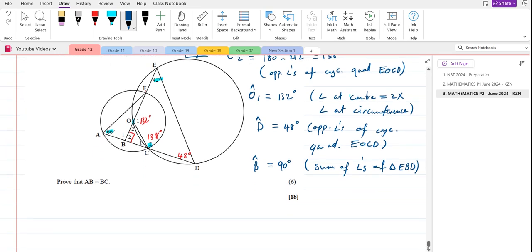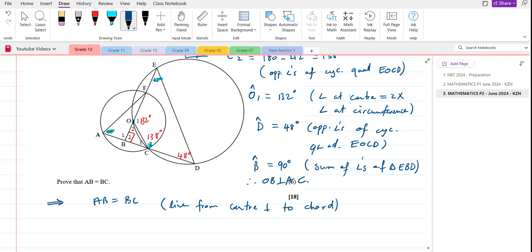So this implies AB is equal to BC. Why? Because line from center perpendicular to chord, and we know OB is perpendicular to AC, and that's how you should be able to prove this.